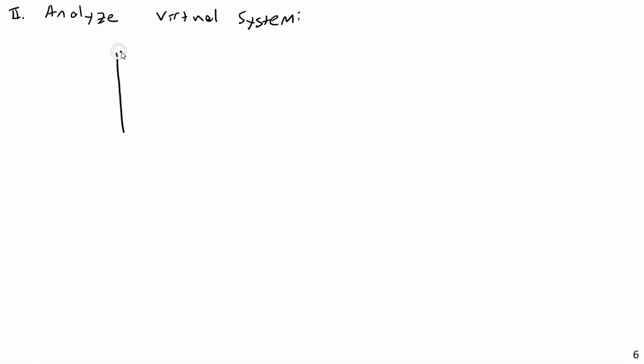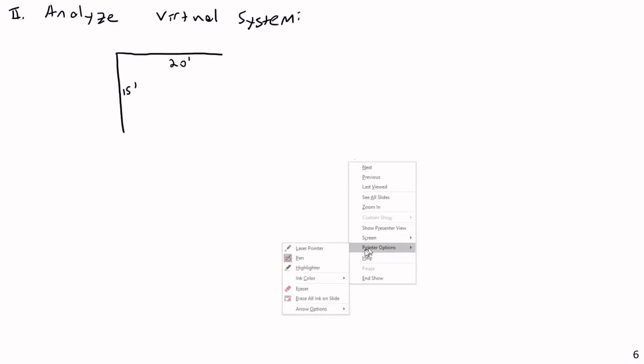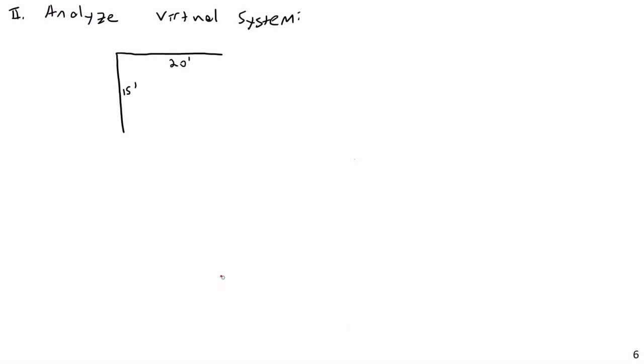So let us consider our virtual system. Our lengths are the same, our geometries are the same, but what's different is that all of our real loads now disappear. So we're going to have the same reactions, AX, AY.